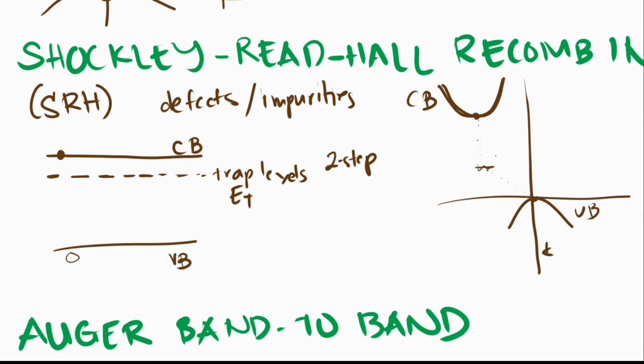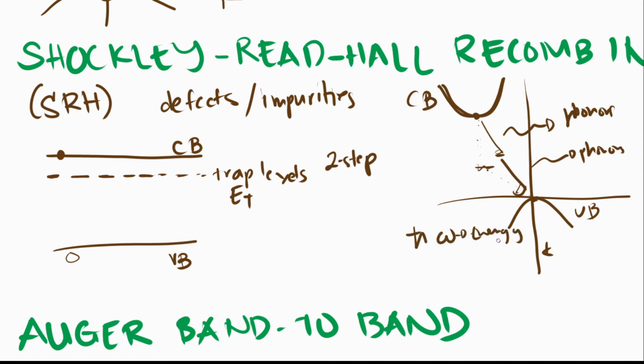So, pwedeng ganyan siya or nandito. This would facilitate the recombination of our electrons with the holes by releasing phonons. Since yung phonons natin, meron niyang omega, ħω, energy. And meron din tayong different K values for our phonons that we can take advantage of to complete the recombination between an electron in the conduction band and a hole in the valence band.